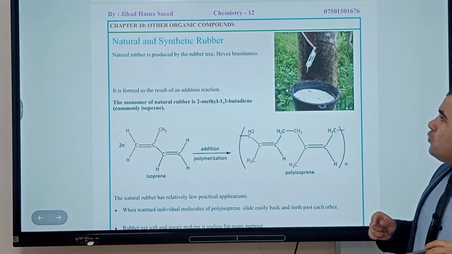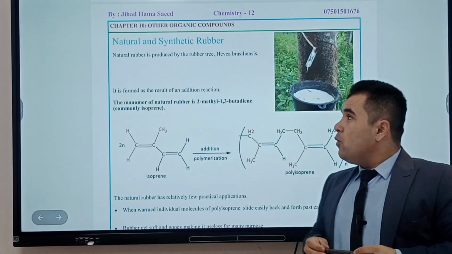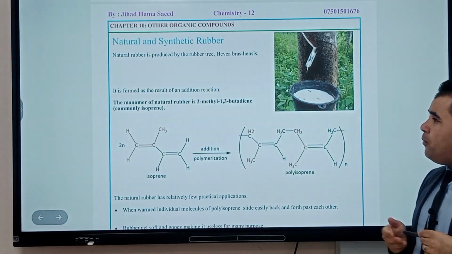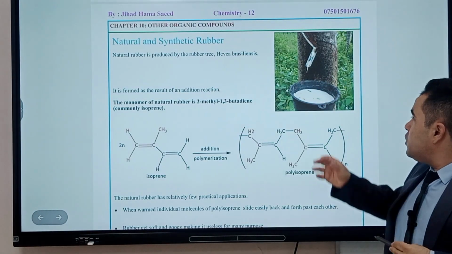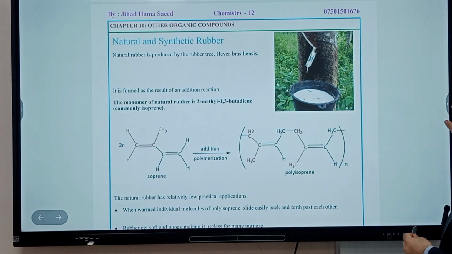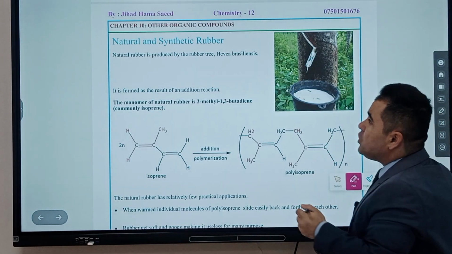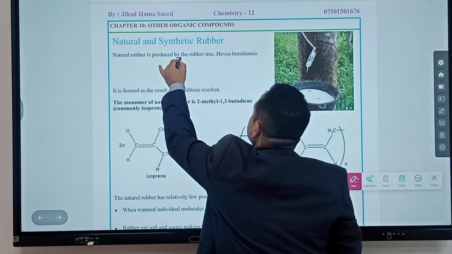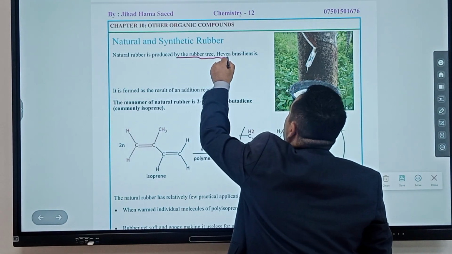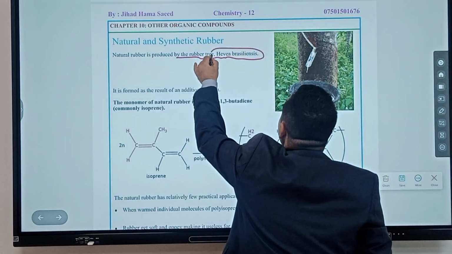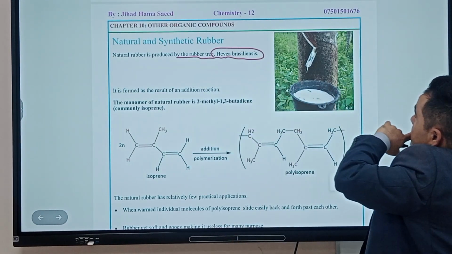Natural and synthetic rubber: we have an example of a polymer, which is natural rubber, and also the synthetic, artificial rubber. The natural rubber is produced by the rubber tree Hevea brasiliensis.